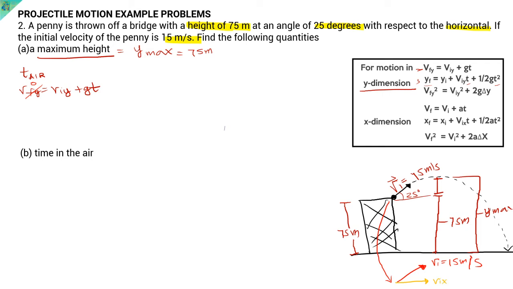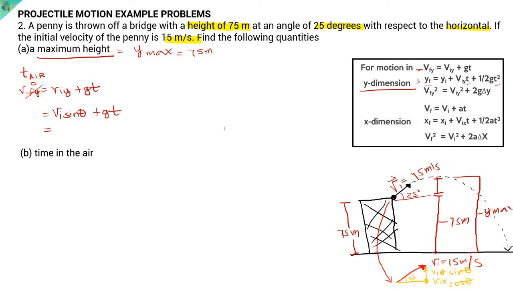VIX and VIY. And for that, we go to SOHCAHTOA, and I won't dwell any further on that because we have already done that. VIY is, if this is your angle, on the opposite side, so that would be VI sine theta. Meanwhile, VIX will be VI cosine theta. Which means that our equation here would be 0 equals VI sine theta plus GT.